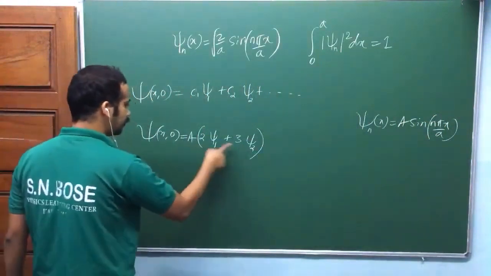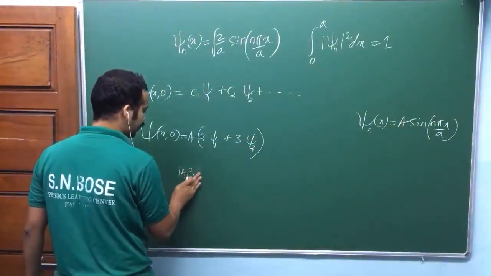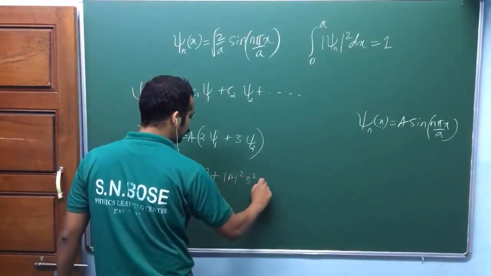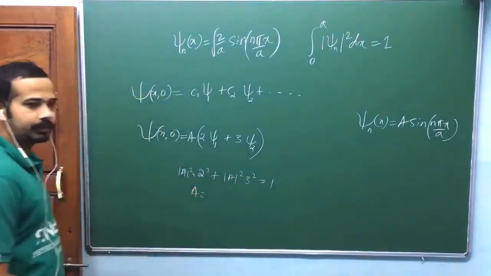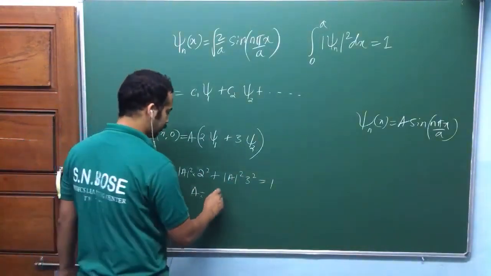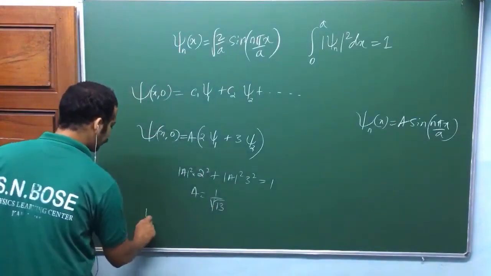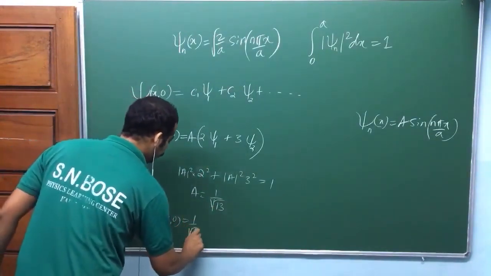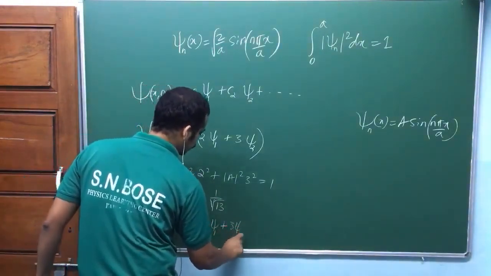Similarly, I'm going to find a so that mod a square into 2 square plus mod a square into 3 square is equal to 1. What is a? Speak out. 2 square plus 3 square, 9 plus 4, 13. So a is 1 by root 13. Is that okay? Now this is the normalized wave function: 1 by root 13, 2 psi 1 plus 3 psi 2.